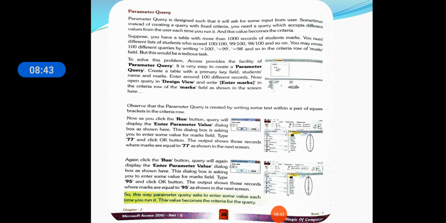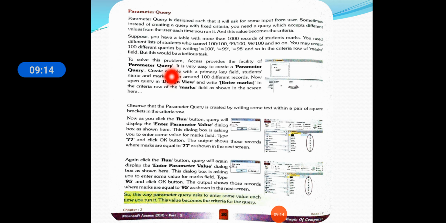For example, if there is a student list and I want students who have scored 100 out of 100, 99 out of 100 and 98 out of 100, I would have to create 100 different queries by writing equal to 100, equal to 99 or equal to 98. But the parameter query solves that. So for solving this problem, I have to use a parameter query.